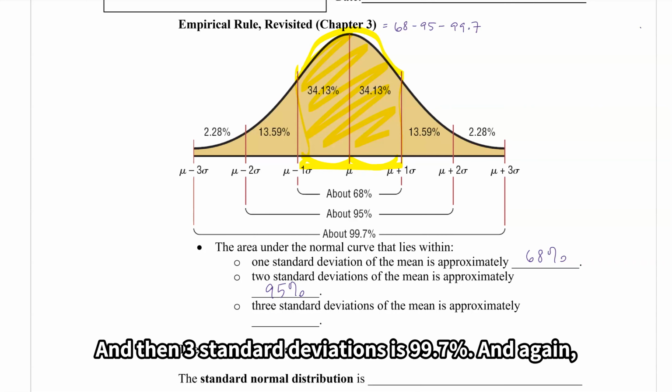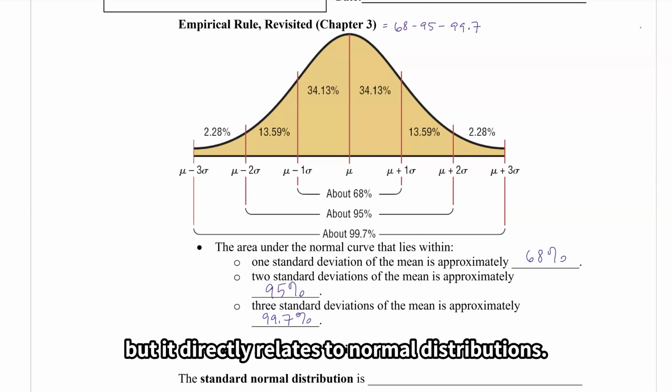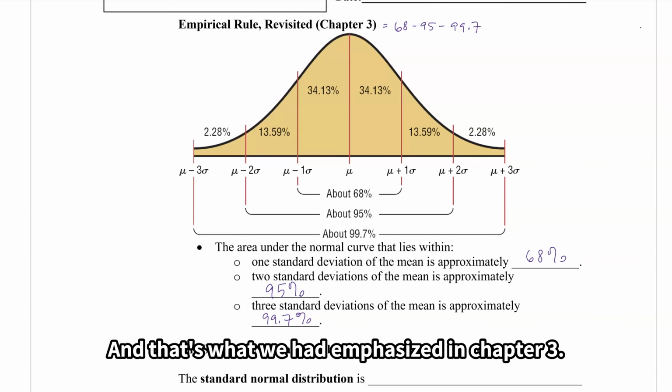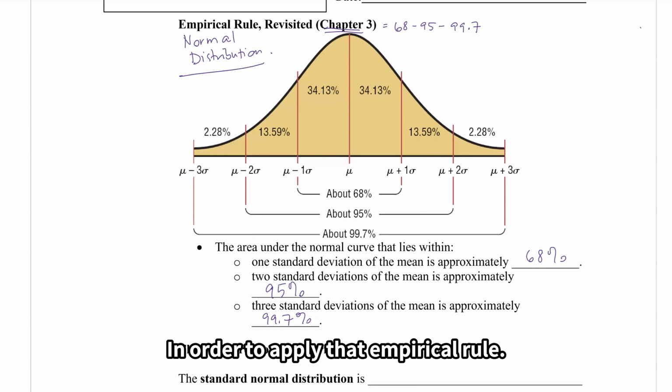And then 3 standard deviations is 99.7%. And again, this is just coming straight from the empirical rule, but it directly relates to normal distributions. And that's what we had emphasized in chapter 3, that we had to have an approximately normal distribution in order to apply that empirical rule.